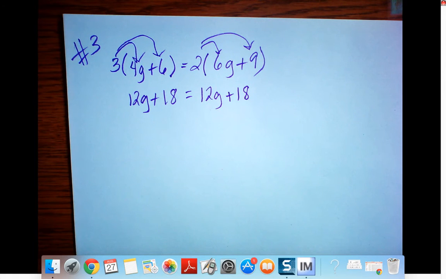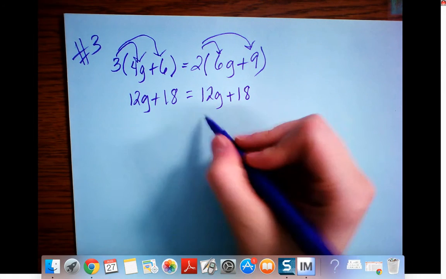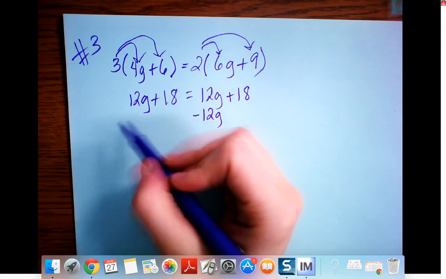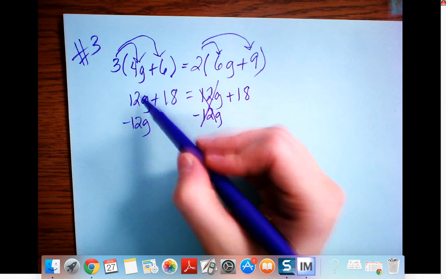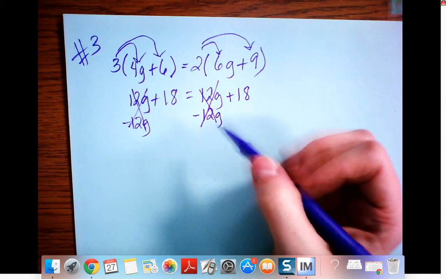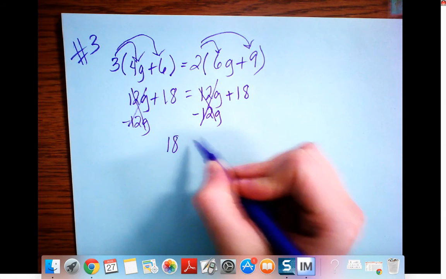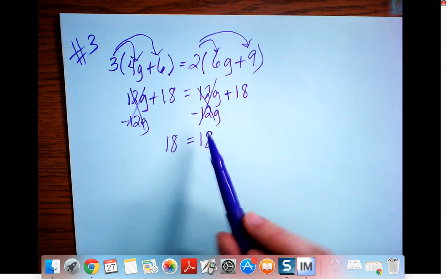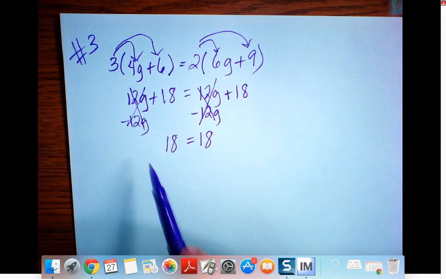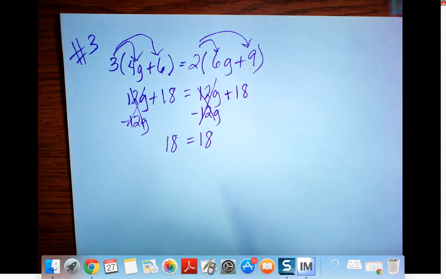I like to go ahead and get the variables together before I decide anything. So if I subtract this 12g from both sides, those are 0, and we're left with 18 equals 18. Now this is true. In number 1, at the end of solving, we had 4 equals 12, and that was not true.